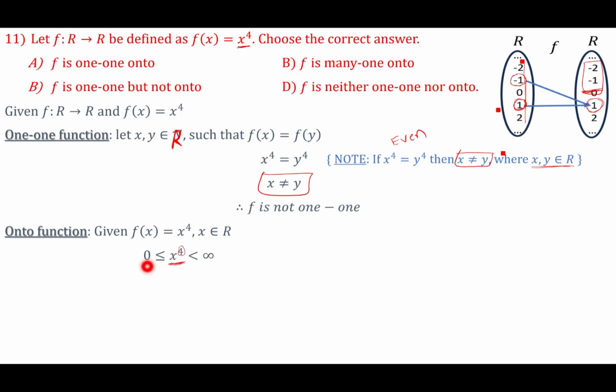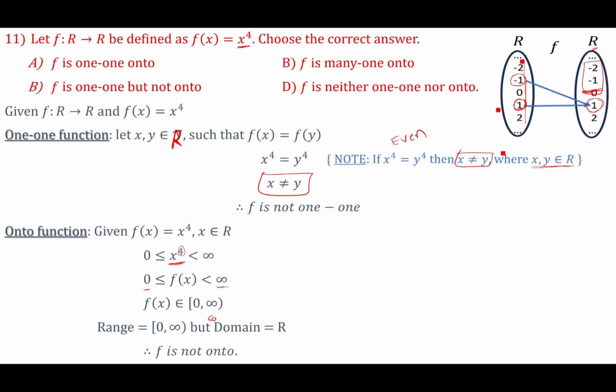So f of x lies between 0 and infinity, which means my range is between 0 and infinity. But my codomain is all real numbers. So range is not equal to codomain. If the range is not equal to codomain, that means the given function is not onto. So the answer is option D.